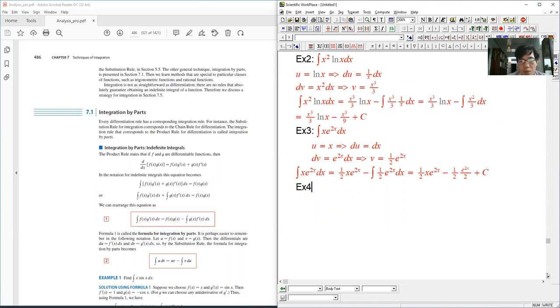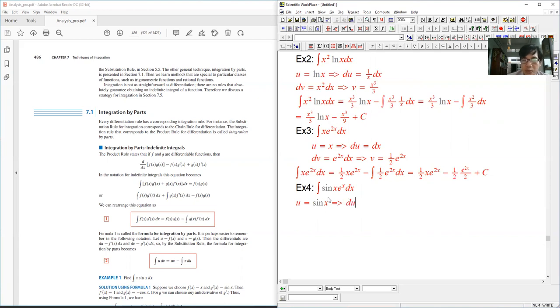Now the next example, the integral of sin x e to the power x dx, a combination of trigonometry and exponential. So we could set u equal to the trigonometric function sin x.